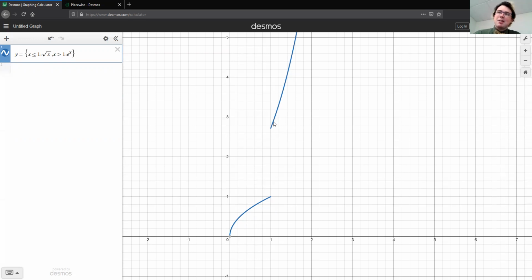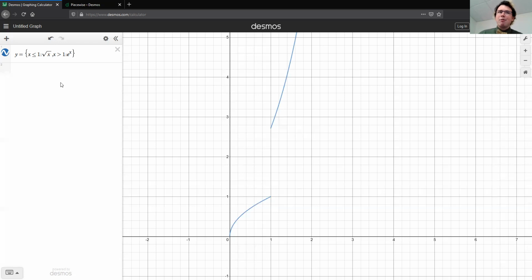The way we would talk about this is to say that there's a left-hand limit and a right-hand limit, but because there's not a single destination that these halves of the function are trying to get to, I would say that the limit as x approaches 1 of this piecewise function does not exist. There's not a singular destination that this function is trying to get to.